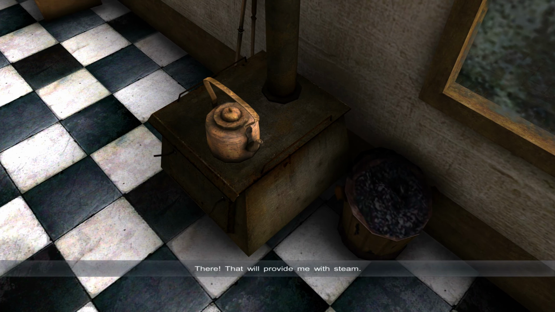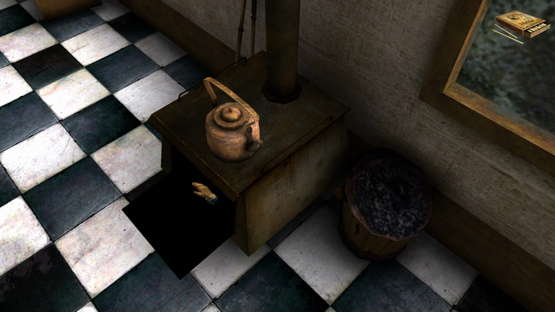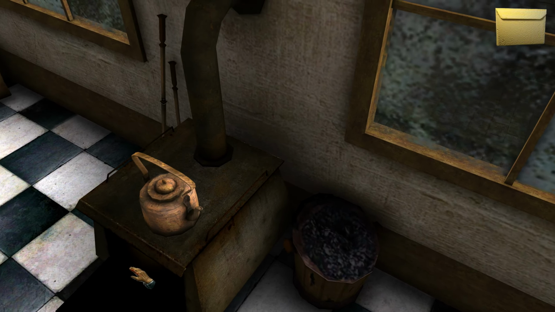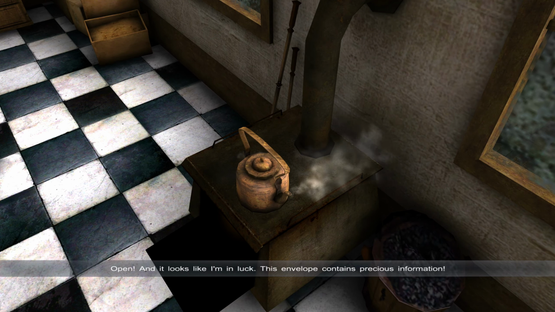There, that will provide me with steam. Open, and it looks like I'm in luck. This envelope contains precious information.